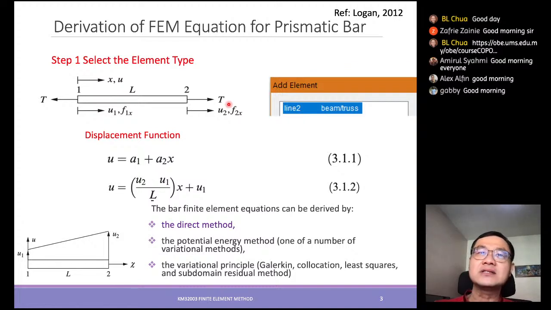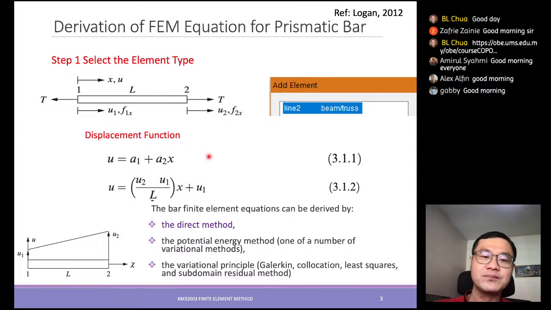Whenever there are vertical forces to sustain certain loads, and due to that there is a moment acting on the bar itself, this so-called prismatic bar may not be able to handle it, it will just collapse by itself, because it doesn't have the reaction force in the vertical as well as the moment in the vertical direction.